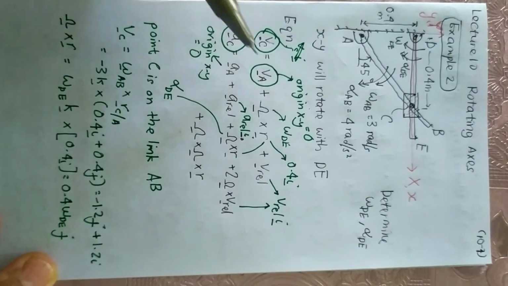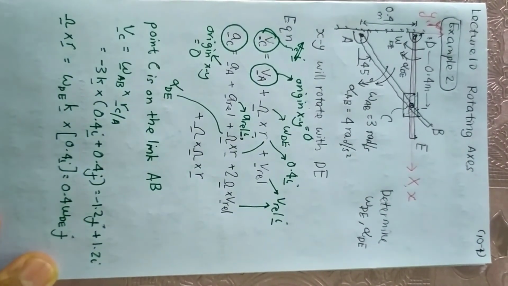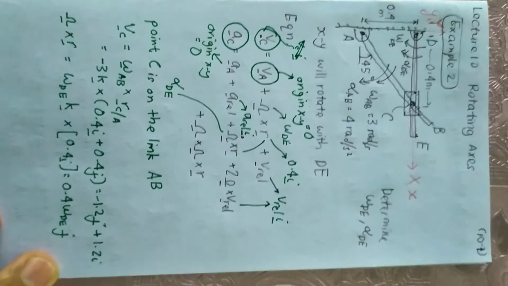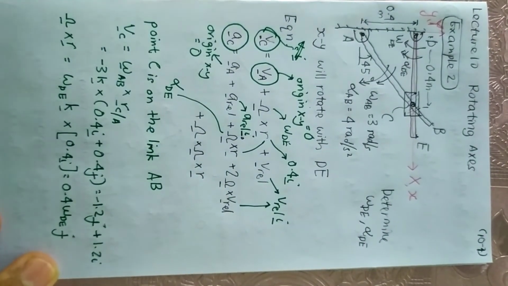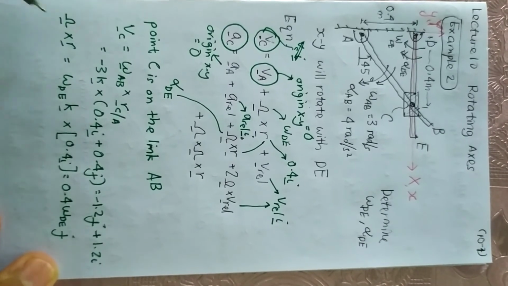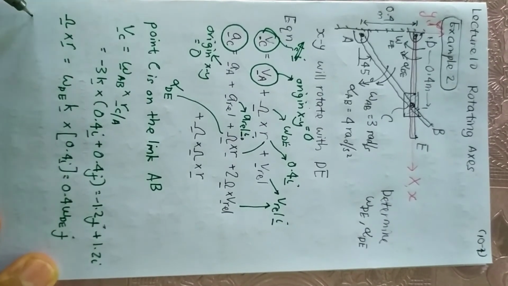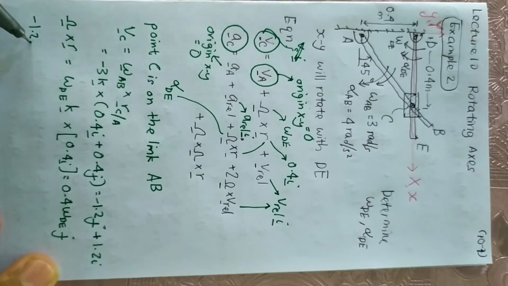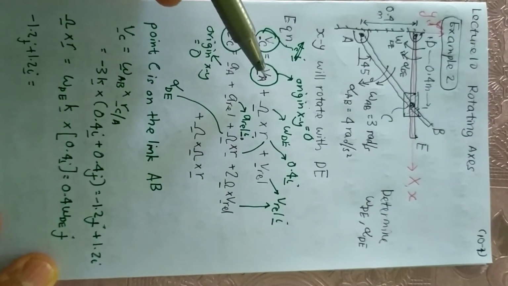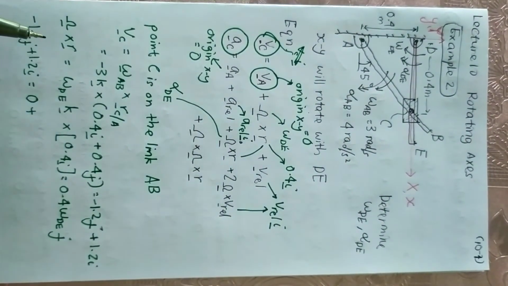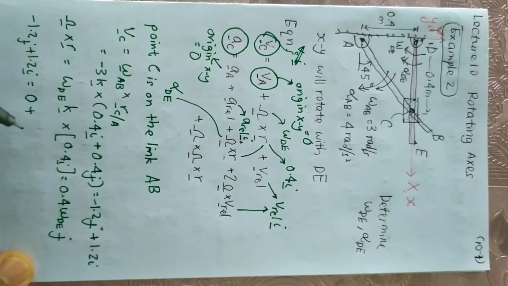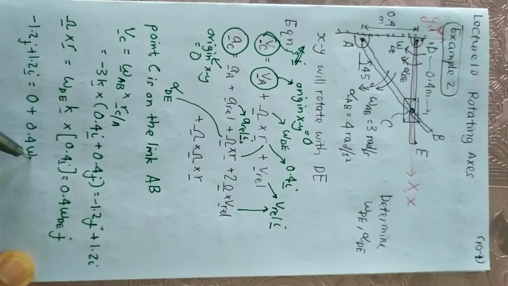What is V relative? Now we can use the velocity equation to do that. So omega cross R, and we have VC here as 1.2j plus 1.2i equals 0. VA equals 0, I'll just put 0 to make this equation complete. And omega cross R, I have 0.4 omega DE j.